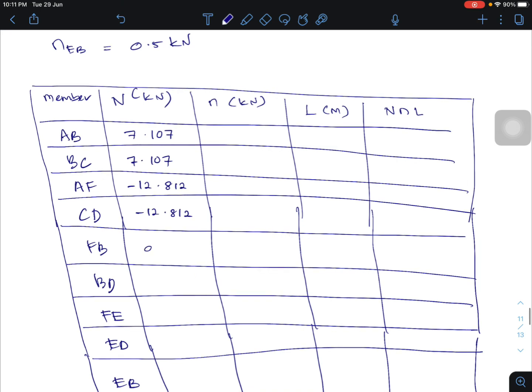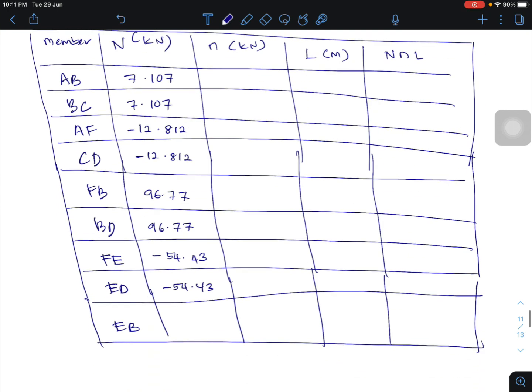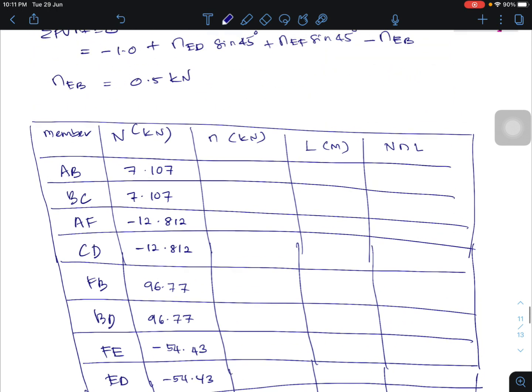FB is 96.77, BD is 96.77. FE is negative 54.43, and ED is negative 54.43, the same value. Finally, EB, the value is 76.976.